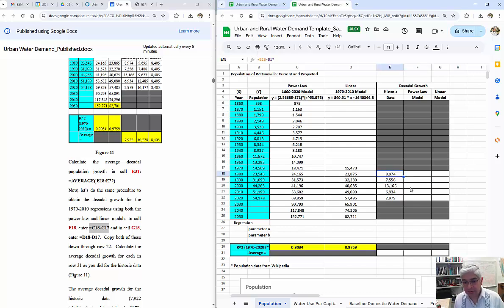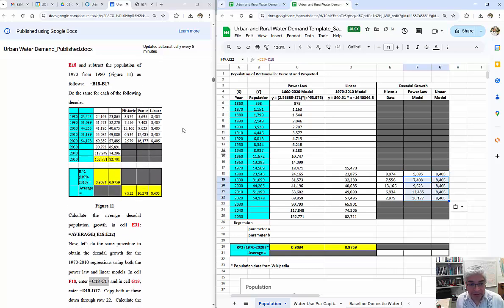We can do exactly the same for the power law model. So basically, here we estimate the difference between 1980 and 1970. And the same we can do for the linear model. You can see here that the numbers are quite about the same.